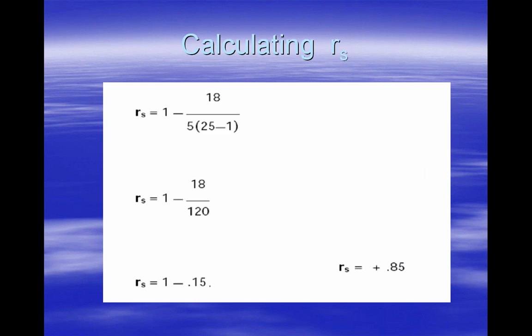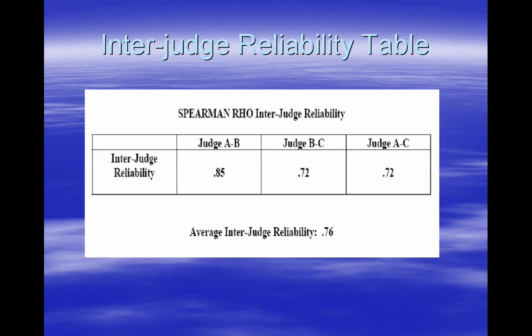And 1 minus 0.15 equals positive 0.85. So in this case, rho, the Spearman rank order correlation, equals a positive 0.85. That's pretty good. Remember, if there's perfect agreement, 1 would be the highest you could do. So 0.85 is generally a pretty good reliability between judges.